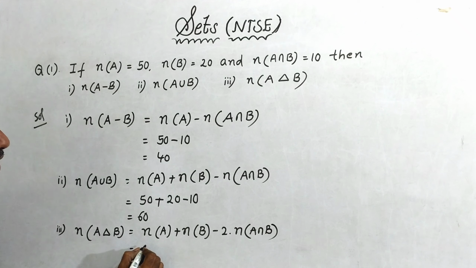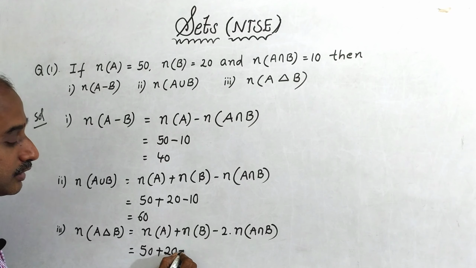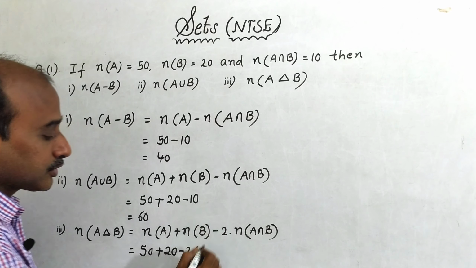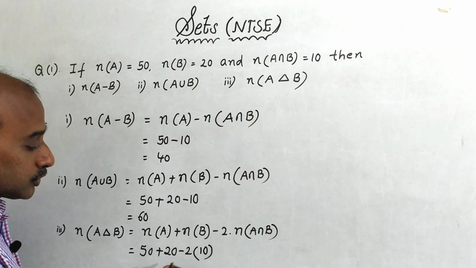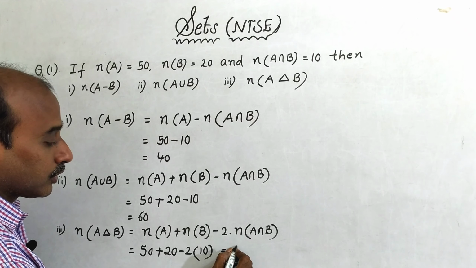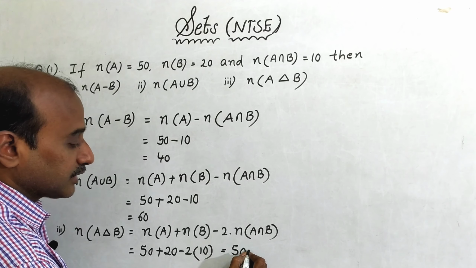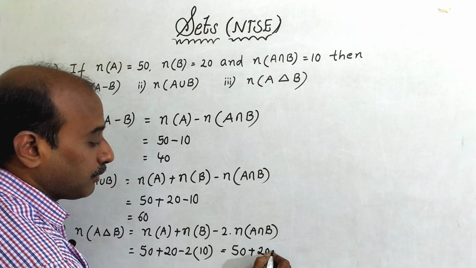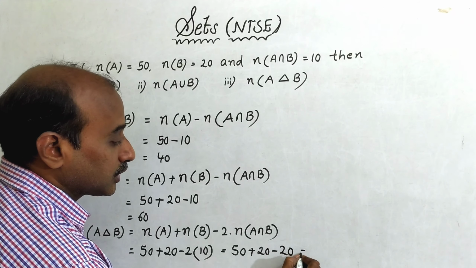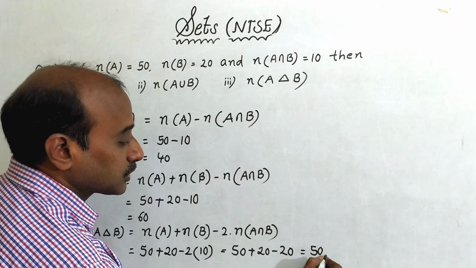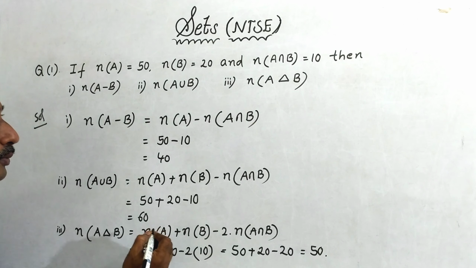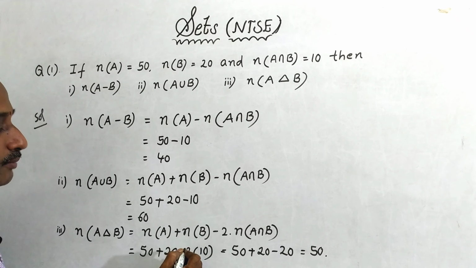Now what is n(A)? 50 plus n(B) is 20 minus 2 into n(A intersection B) is 10. So this is equal to 50 plus 20 minus 20. That is equal to 50. That's all. These are the problems which you may get in the NTSC exam.